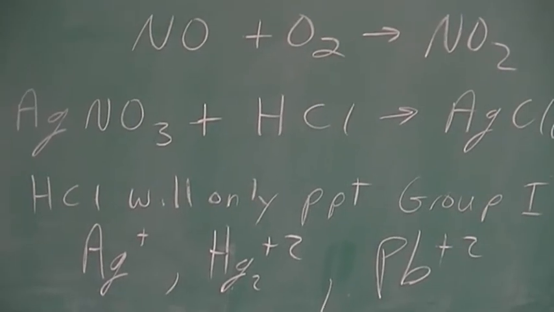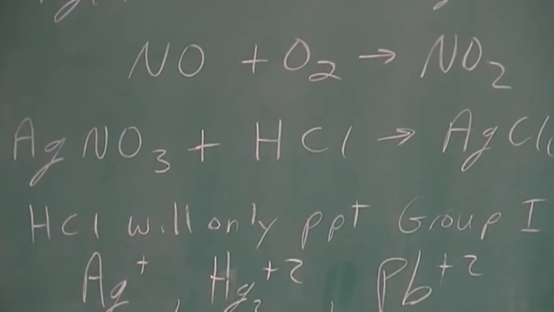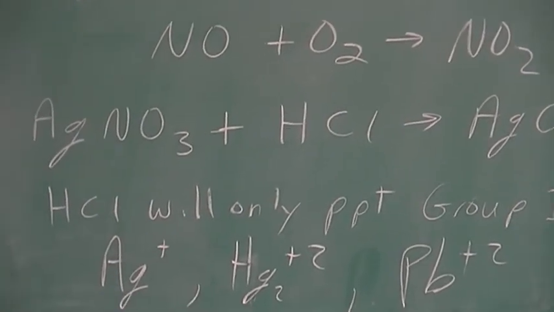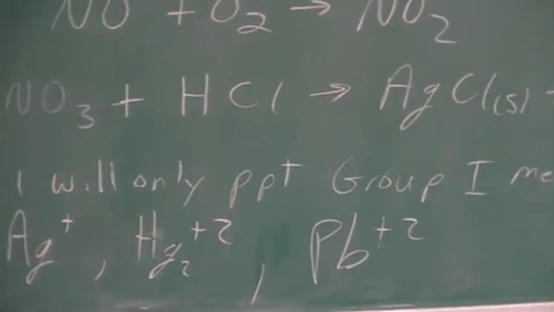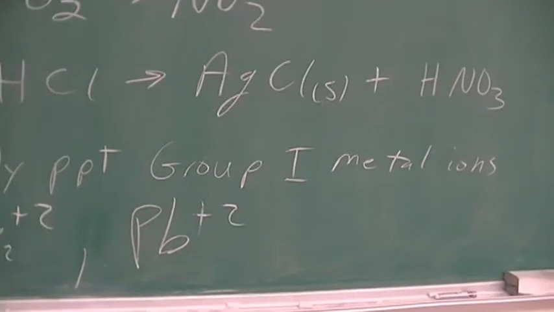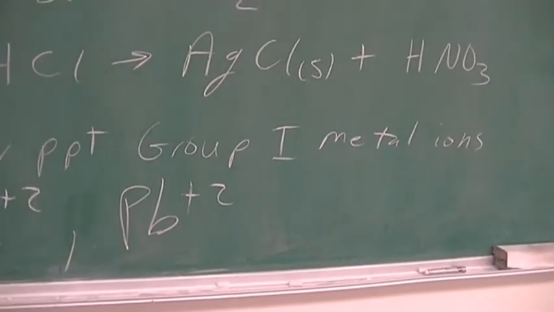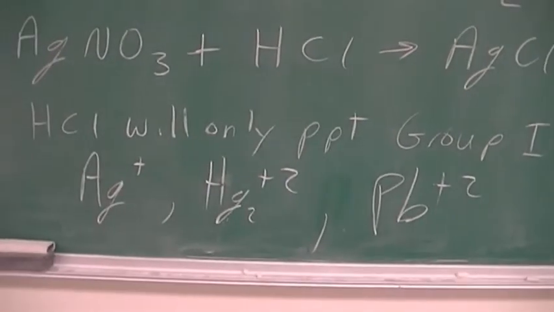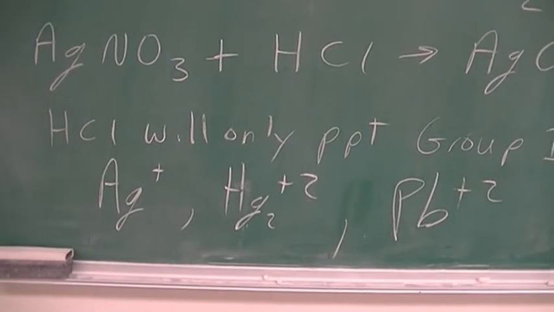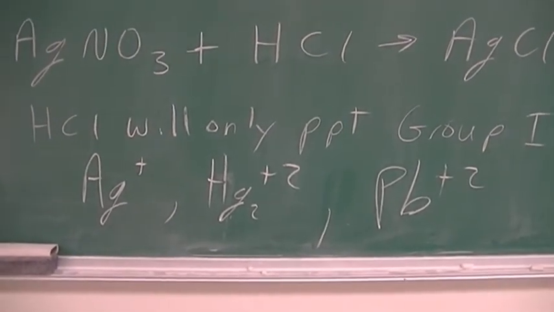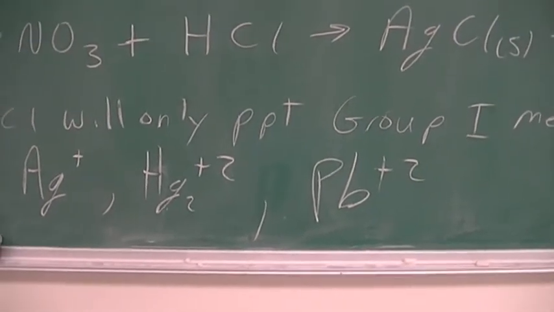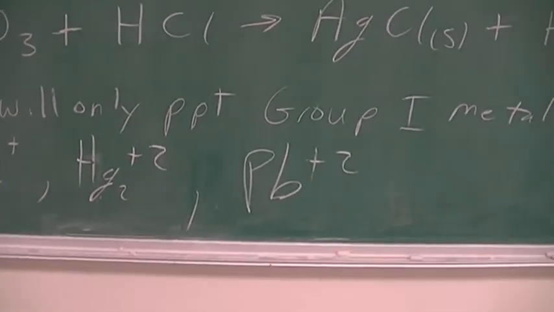You will note that the alloy is going to have many other metals in it, but the HCl will only precipitate group 1 metals. Alright, so the group 1 metal ions include the silver ion, the mercurous ion, which is a diatomic ion, and the lead +2 ion.